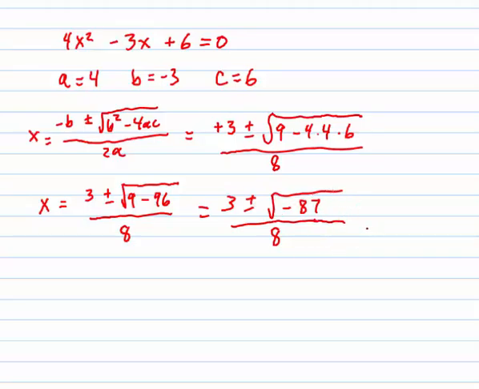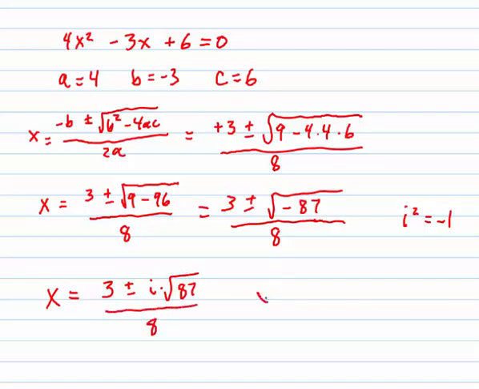numbers where i squared is equal to minus 1, right? So we can factor that out. We have an i. So we get x is equal to 3 plus or minus i times the square root of 87 all over 8.